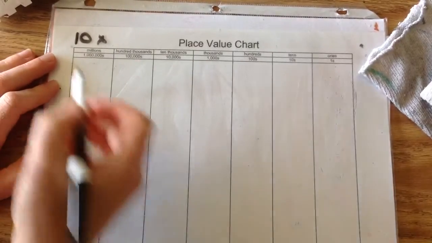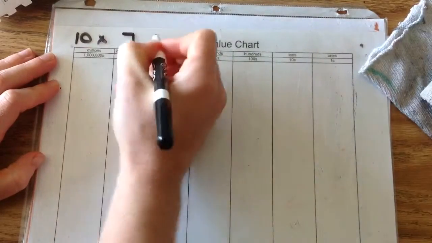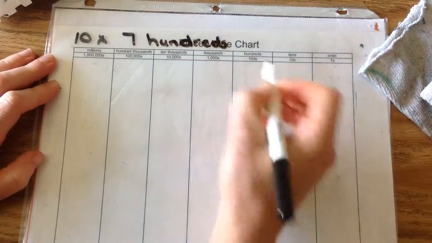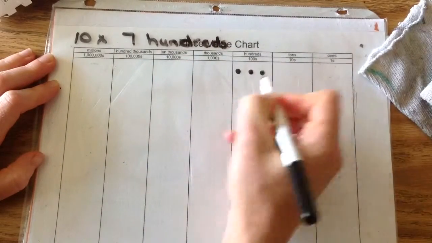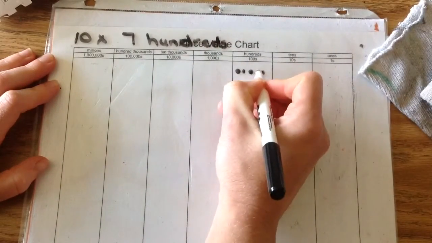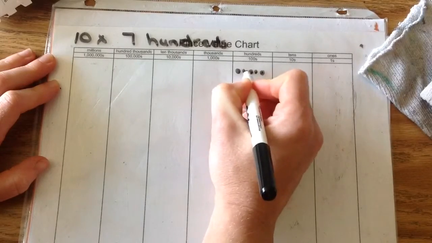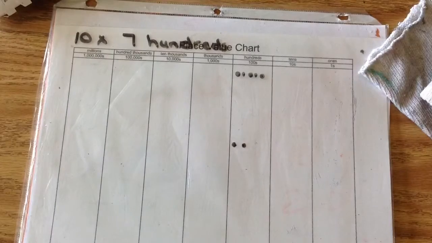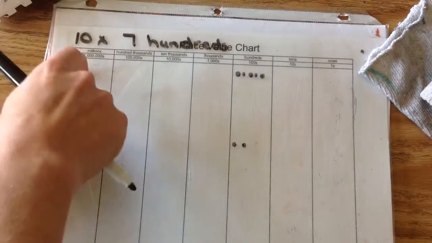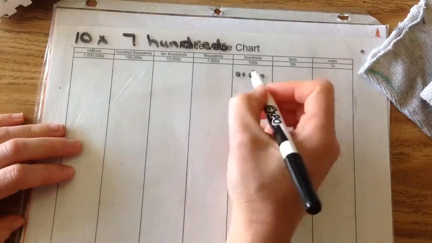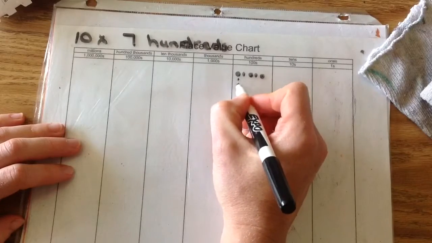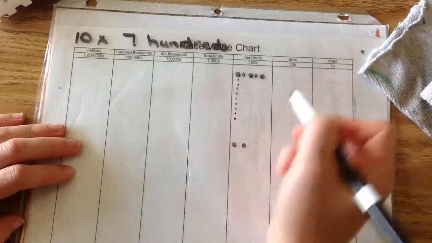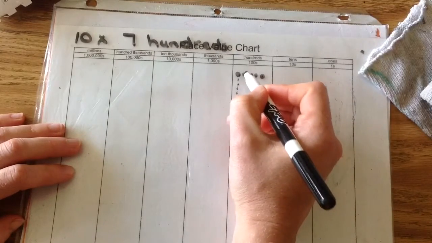Let's imagine I want to do 10 times as many as 7 hundreds. So if I have 7 hundreds, 1, 2, 3, 4, 5, 6, 7. Let's say I have 7 hundreds, but I want to do 10 times as many. Well, we know 10 times 1 is 10, so 1, 2, 3, 4, 5, 6, 7, 8, 9, 10. We have to do it for every single one. 10 times 7 hundreds.